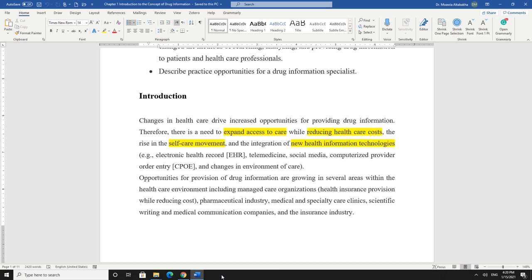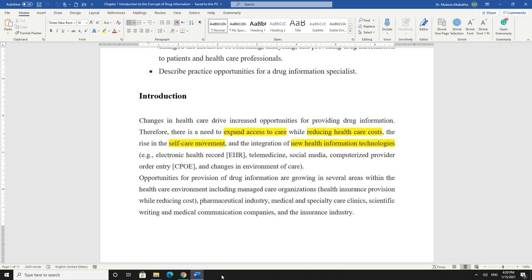So we have additional services, and one of the aims is of course to provide the best treatment, but also to reduce the cost. That is why we have what we call the pharmacoeconomics course, which you will study later.